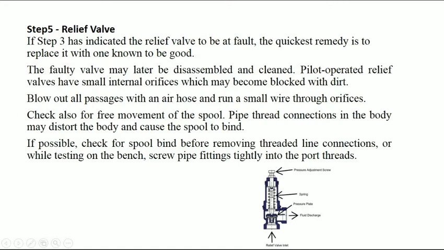Blow out all passages with air and run a small wire through the orifices. Check also for free movement of the spool. Pipe thread connections in the body may distort the body and cause the spool to bind. If possible, check for spool bind before removing threaded line connections or while testing on the bench. Screw pipe fittings tightly into the port threads.